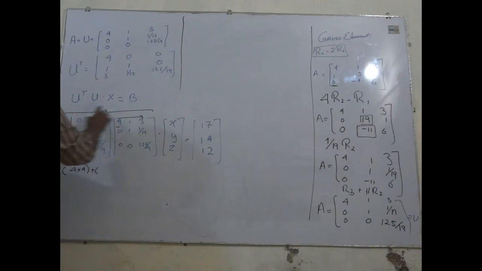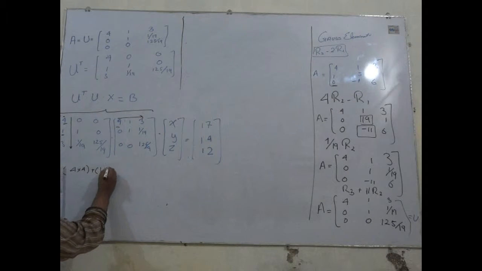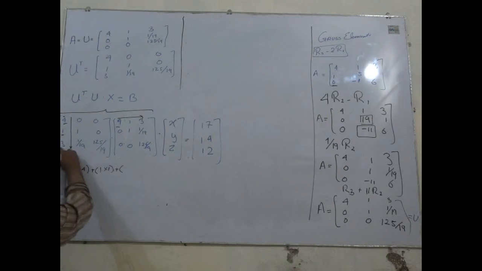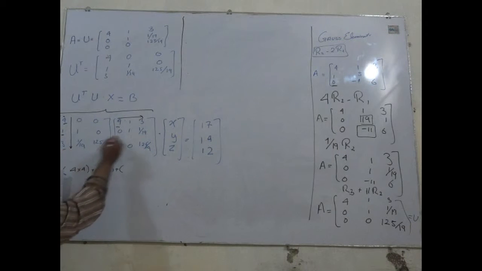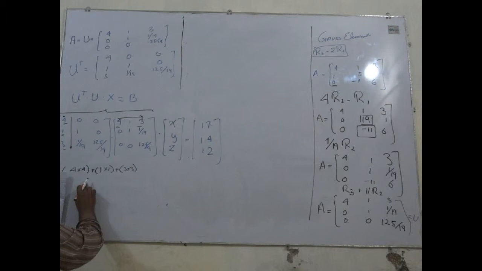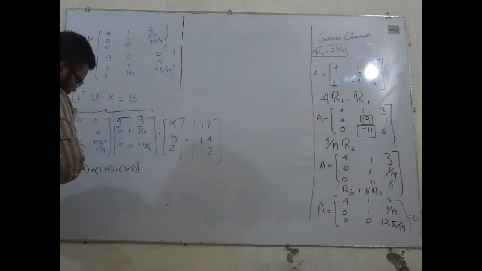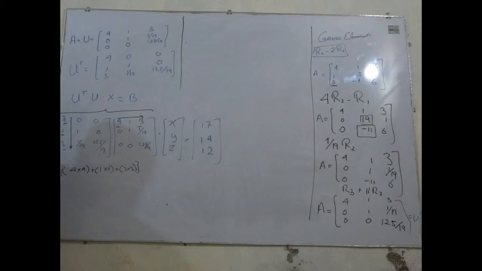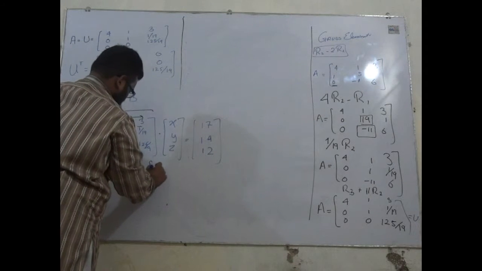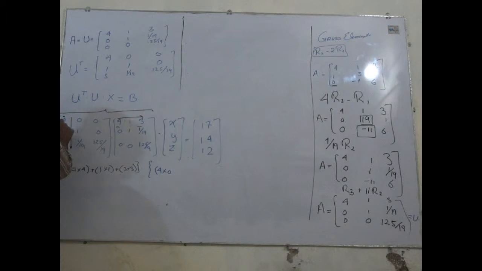You can also do this by this method, but I solved previously according to this method, so I am going to write it now. 1 into 1 plus 3 into 3. Okay, this will be our first column. For the second row I have 0, 4 into 0 is 4.